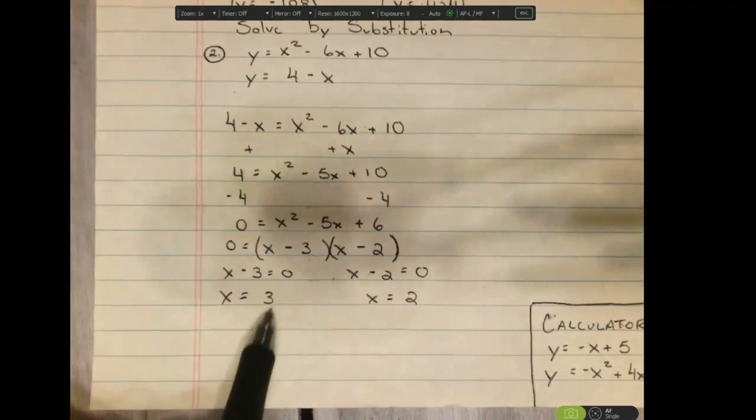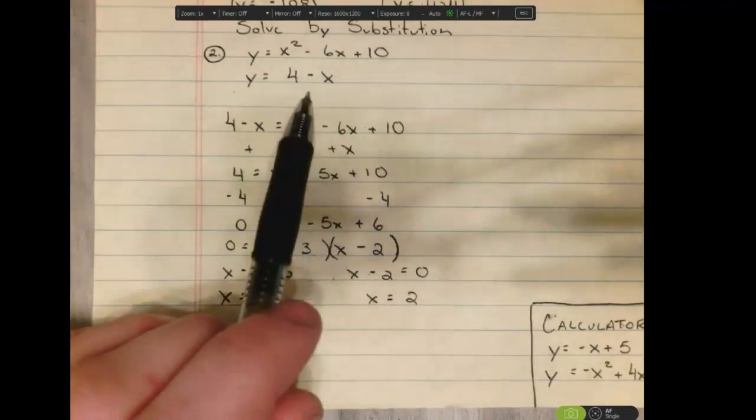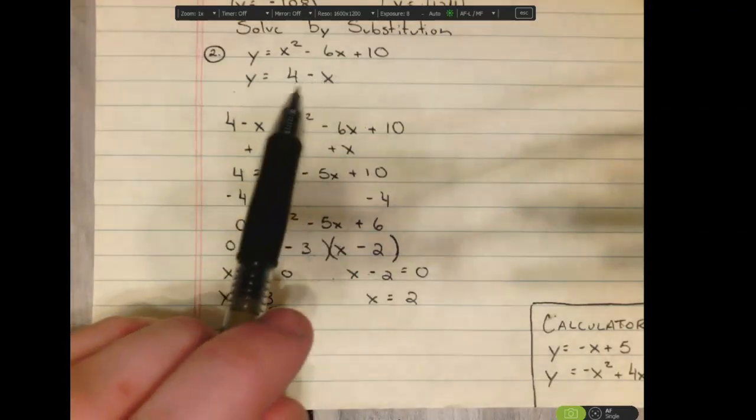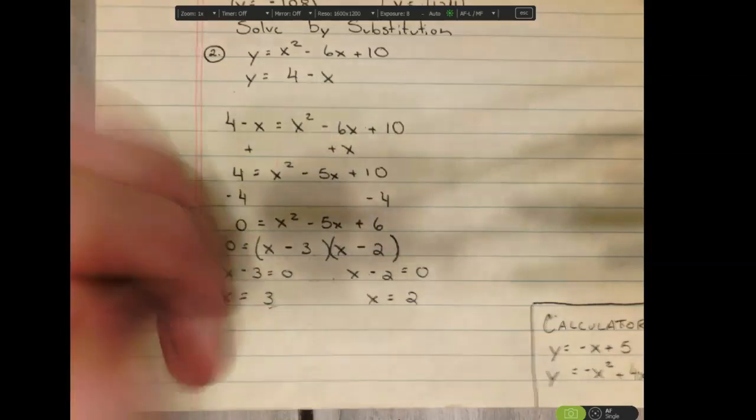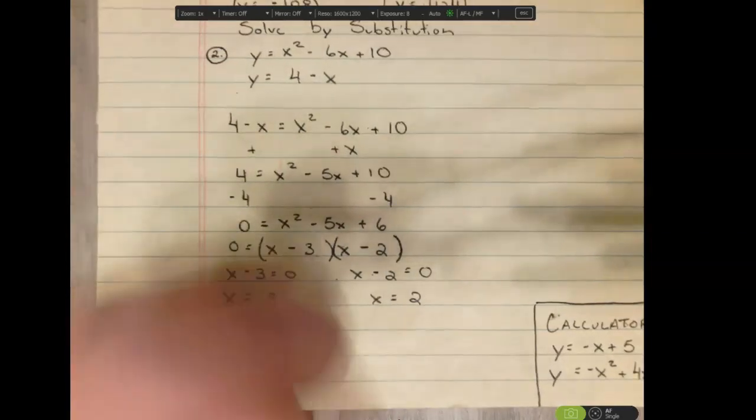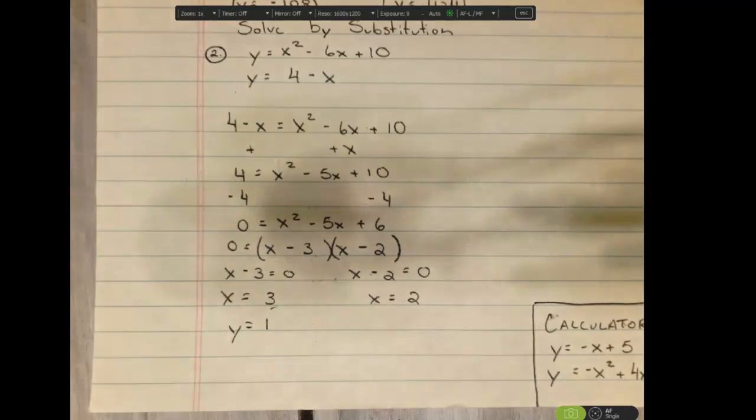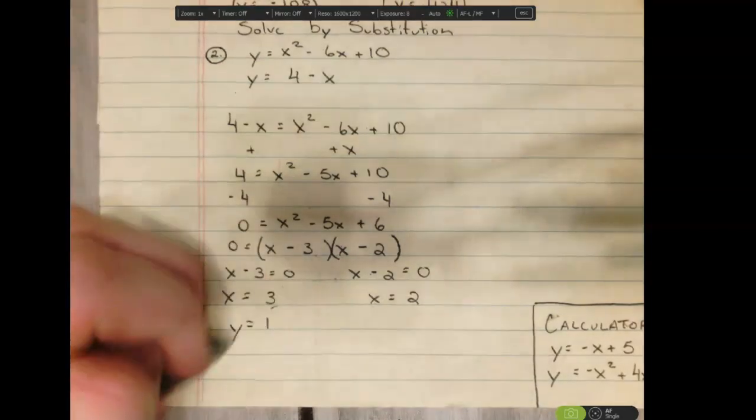However, I'm going to make it really simple on myself. Plug the 3 into the linear equation. Do 4 minus 3. I know what 4 minus 3 is. y is equal to 1. So my first ordered pair is going to be 3, 1.